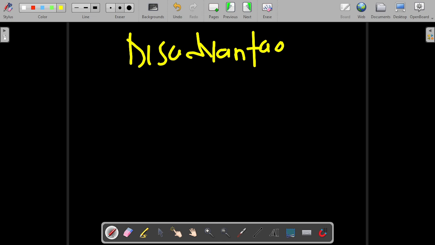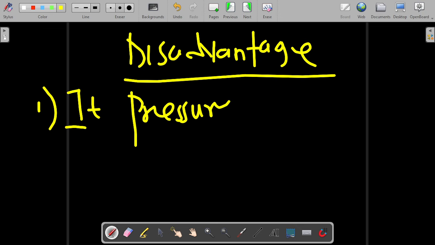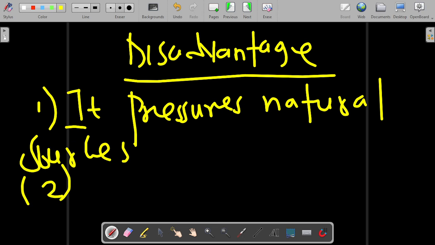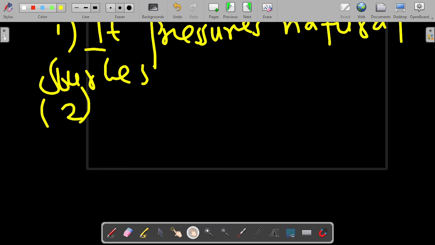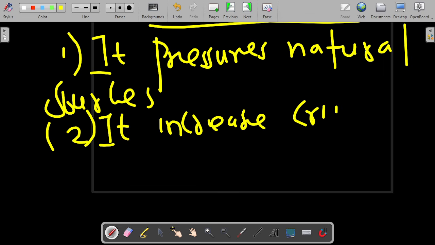Then disadvantages of high population density. We have 1. It pressures natural resources. So we now have few resources for more people. 2, it increases crime rates.